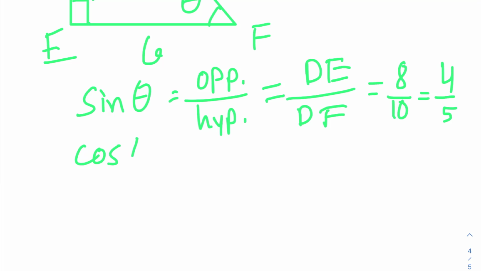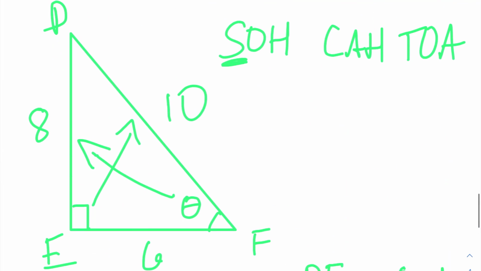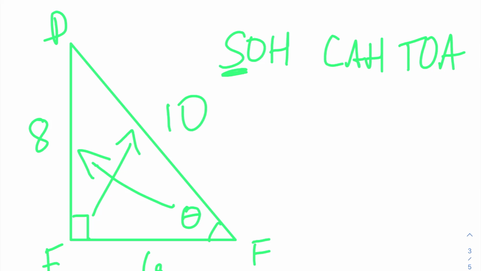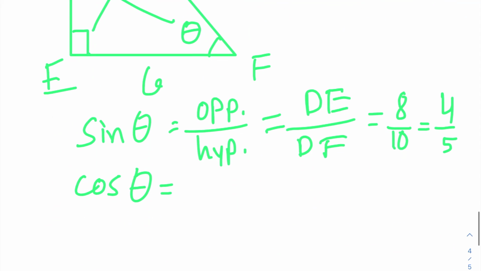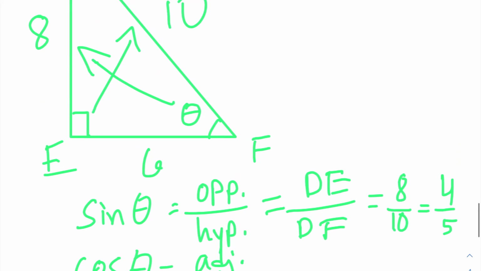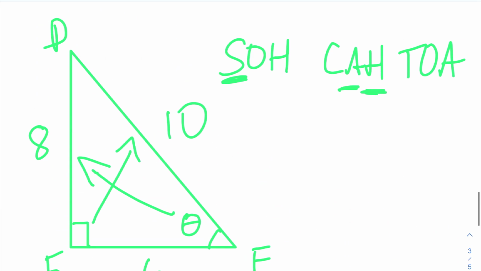So sine theta is equal to 4 over 5. Cosine theta is equal to, if we need, we can use our mnemonic, adjacent over hypotenuse. In this case, the adjacent is EF, and the hypotenuse is DF.